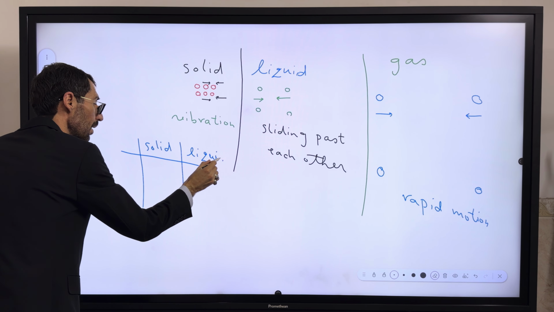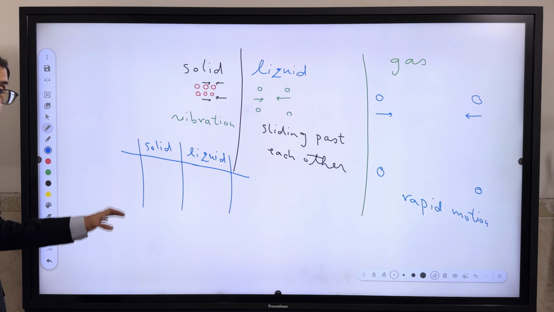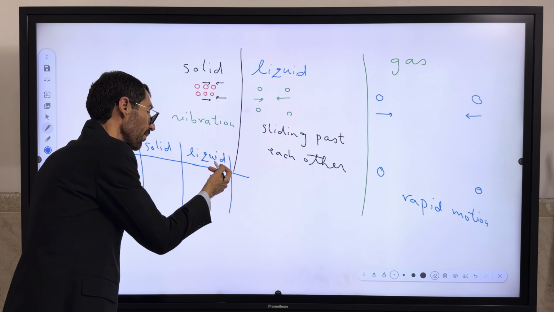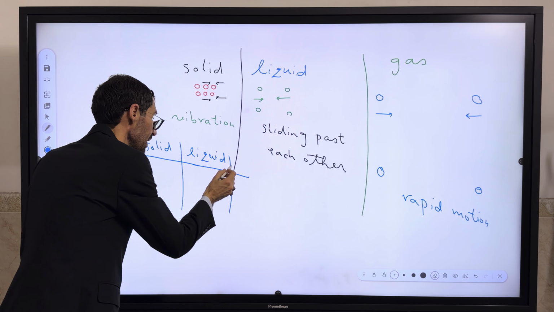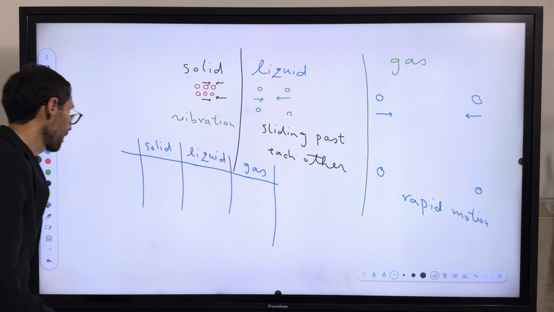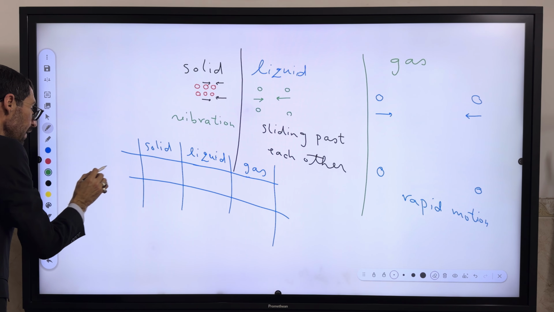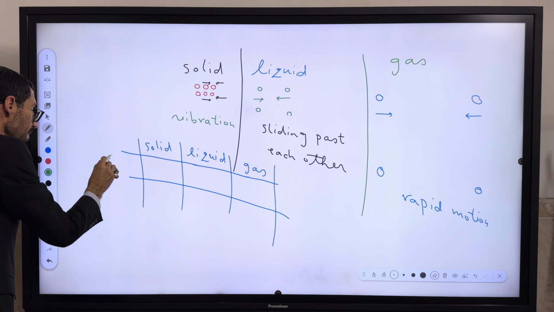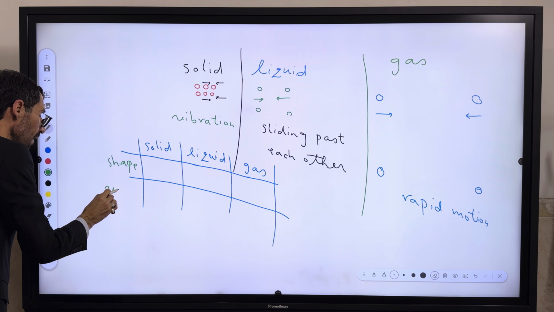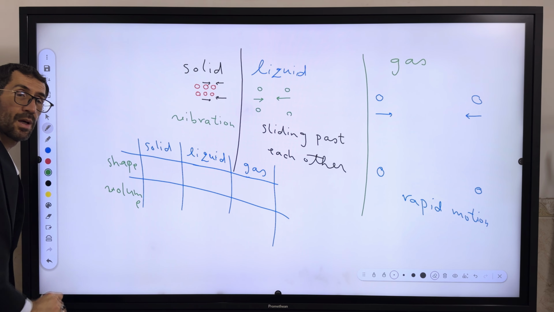After the lesson, I want you to fill this table and send it to me after the lecture. Solid, liquid, and gas. We have these states with different properties. For example, shape versus volume.